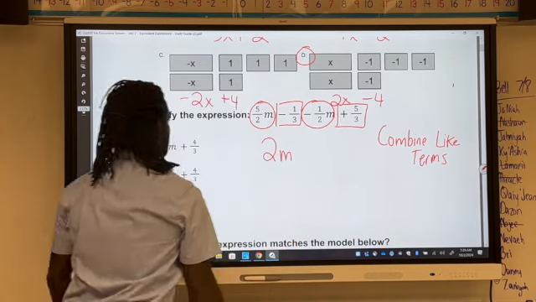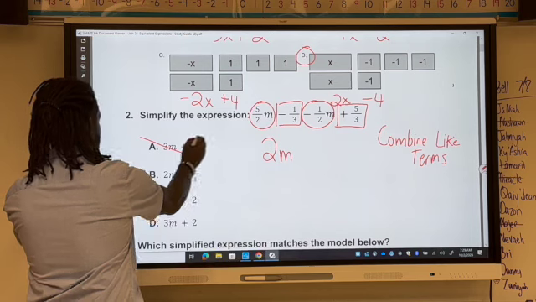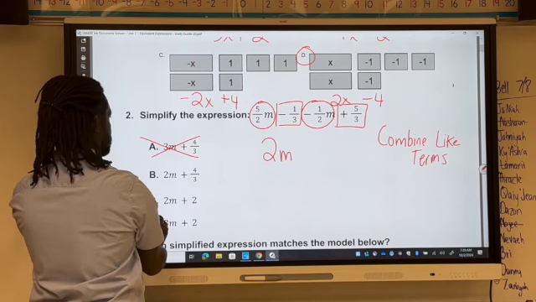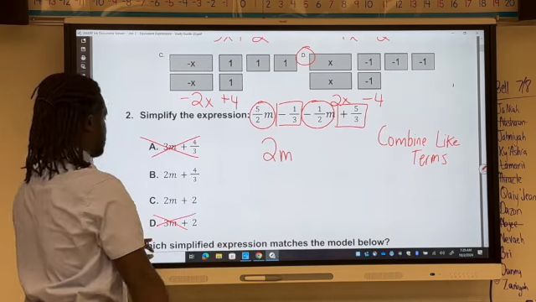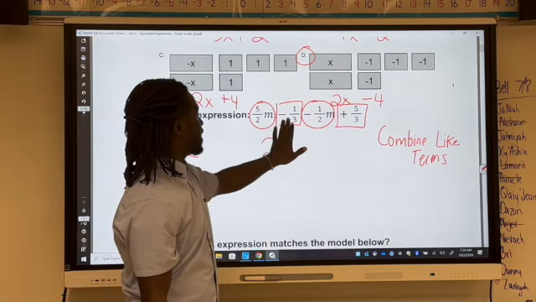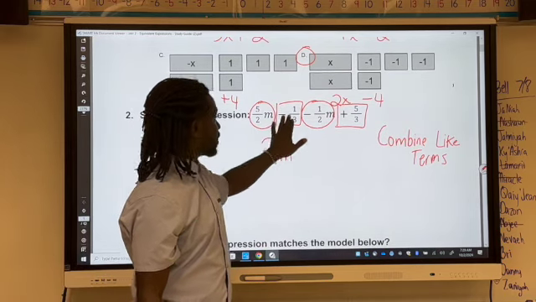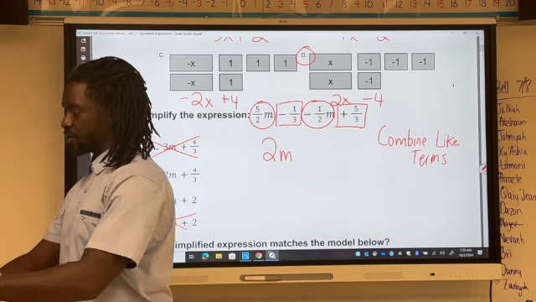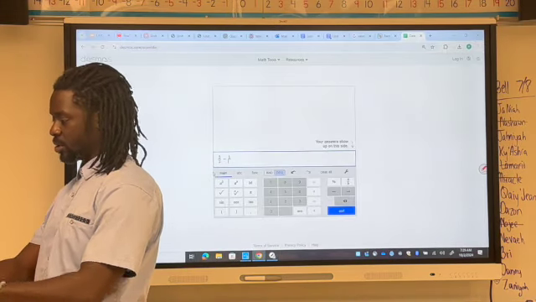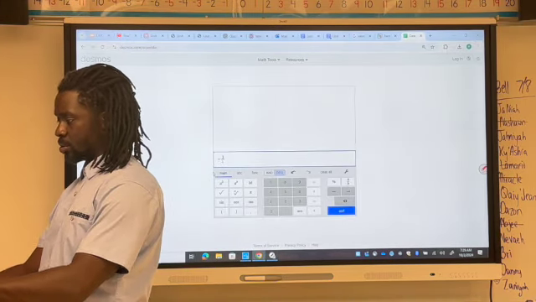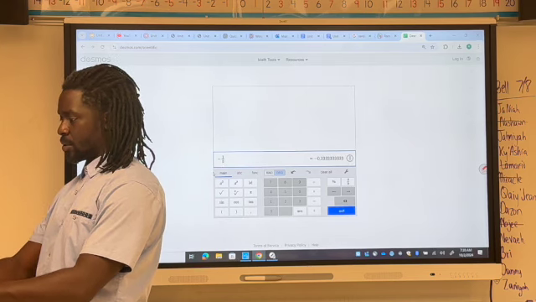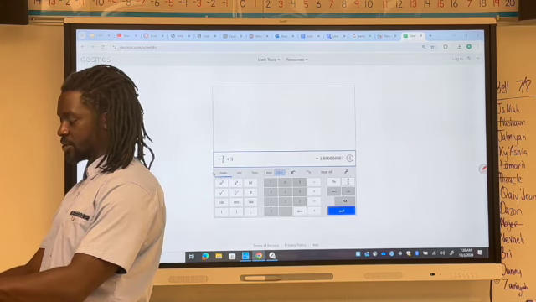And now, I can go ahead and mark out these. I can go ahead and mark out the 2m with the 3m because it's not. And so now I'm going to do negative 1/3 plus 5/3. So negative 1/3 plus 5/3.